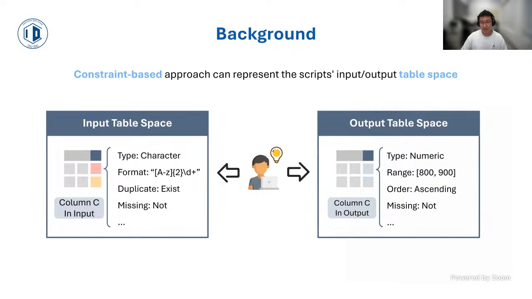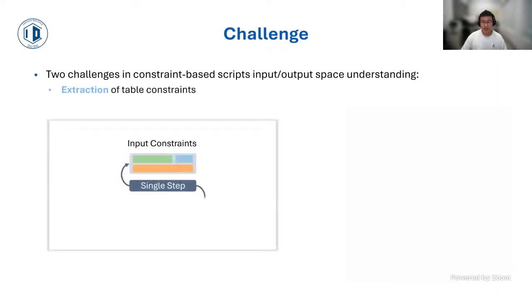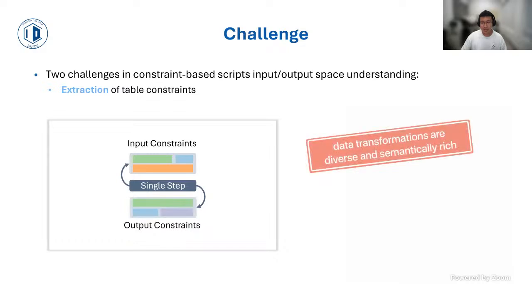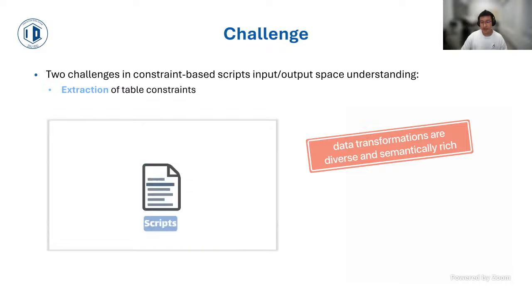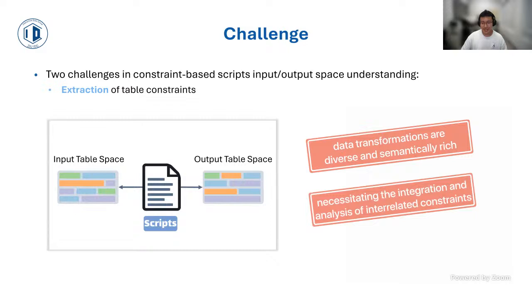However, leveraging a constraint-based table space to enhance script comprehension presents two key challenges. First, constraint extraction from scripts is complex. Single-step data transformations are diverse and semantically rich, requiring substantial knowledge to construct constraints. Moreover, scripts typically comprise multiple transformations, necessitating the integration and analysis of interrelated constraints.